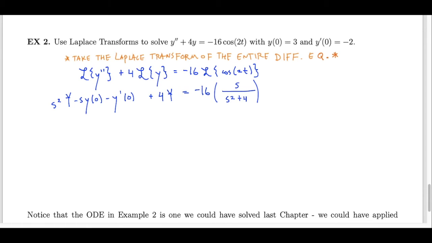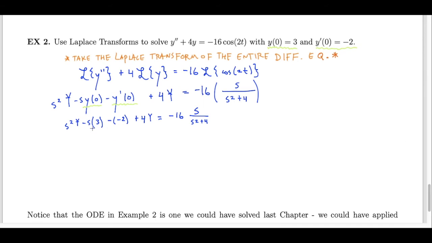So I believe once I have implemented the Laplace transform on each of these terms, I get an expression like this. Notice on the left-hand side, I have a y of 0 and y prime of 0. Those are lowercase y's. So those refer to the value at t equals 0 of my unknown function and its derivative. But those are exactly the initial conditions that I'm provided in the statement of the problem. So I can plug in the values of 3 and negative 2 respectively in for these initial condition values.